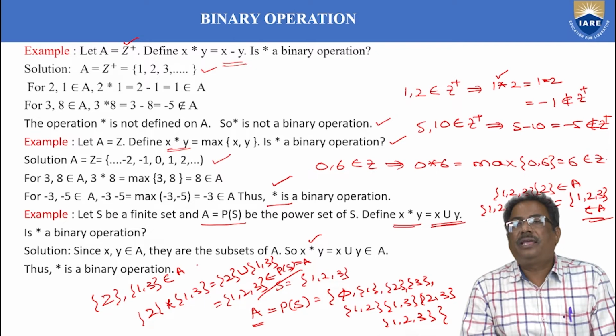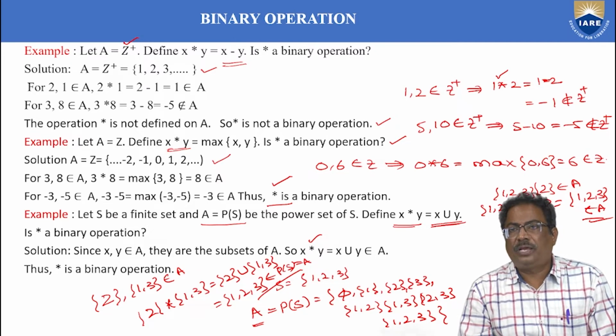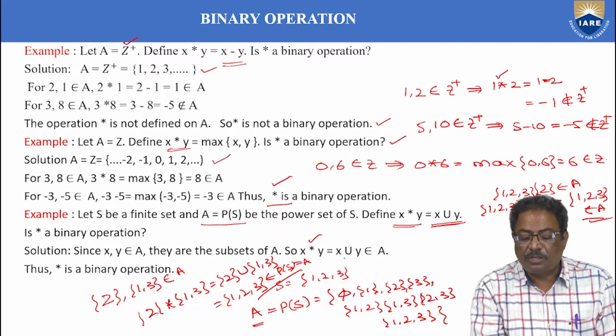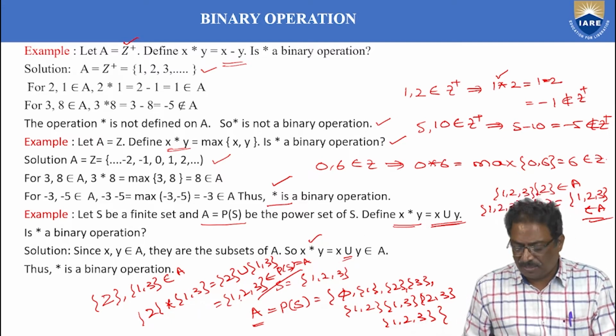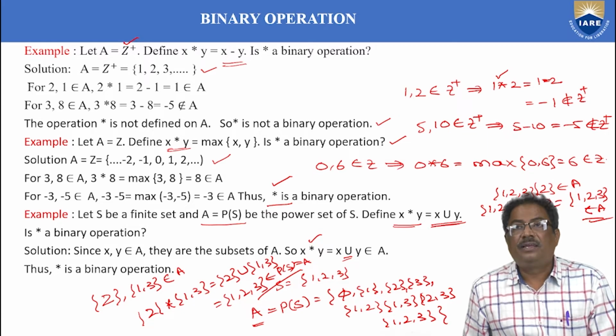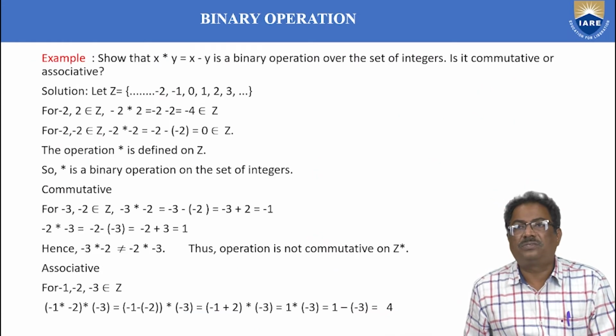So here, for any two elements, the star operation is nothing but union, and we have to consider from the power set. Then automatically it is also a binary operation.